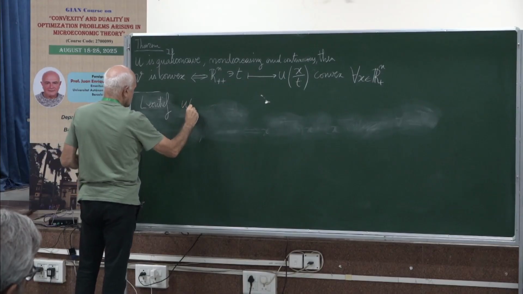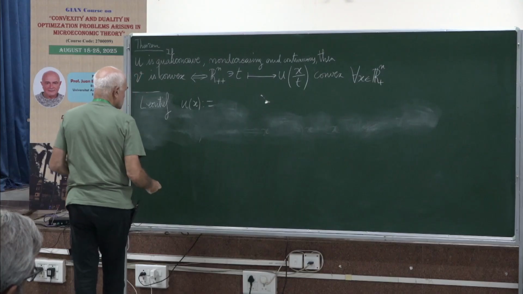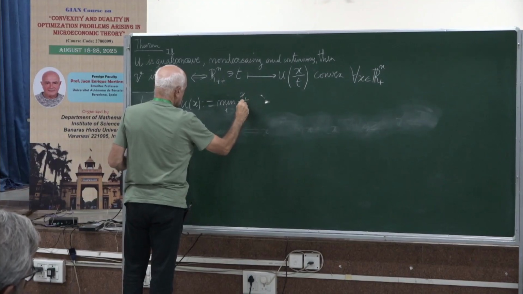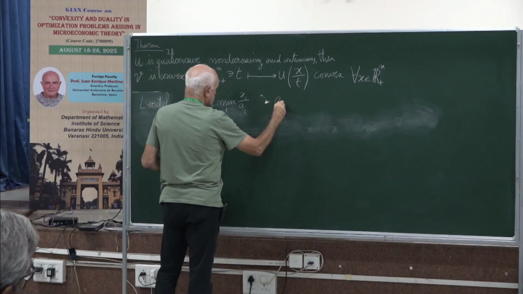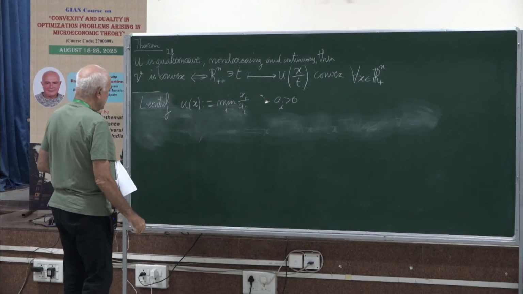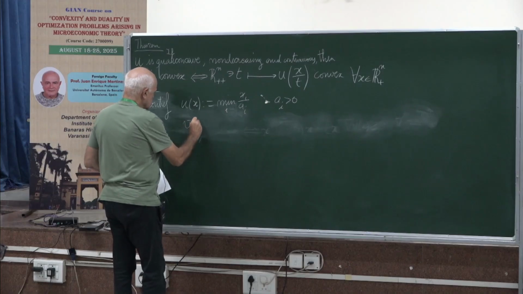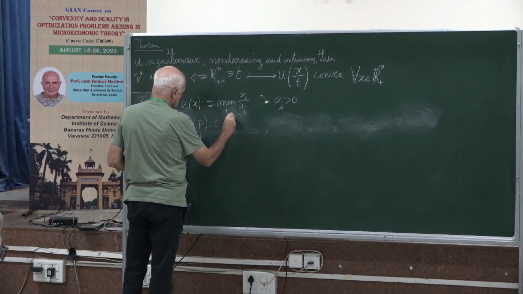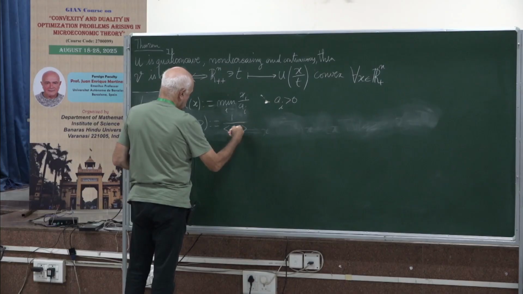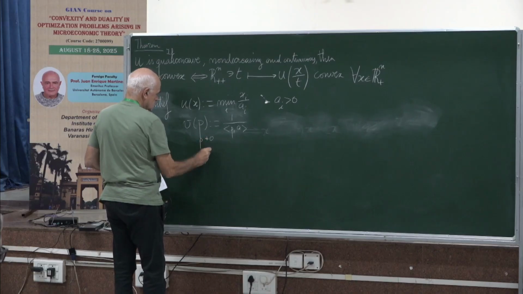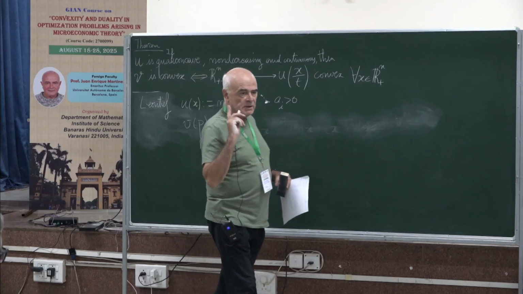You remember that the utility function was the minimum over i of x_i divided by a_i, where the a_i are strictly positive constants. And then we obtain that V of p is equal to 1 over p·a for p different from 0. Okay? For p equals 0, it is plus infinity.